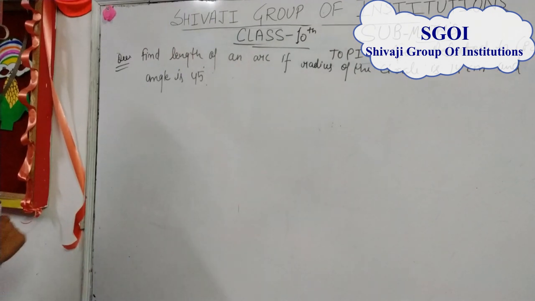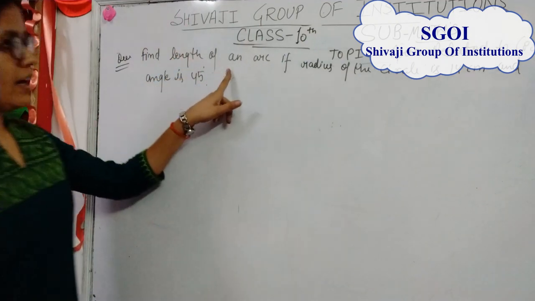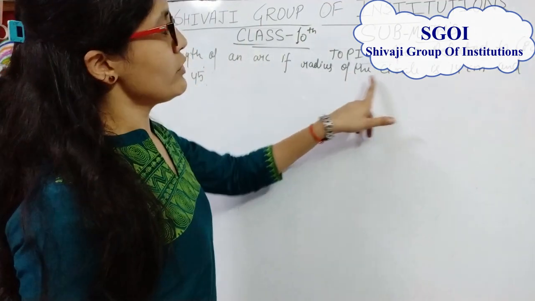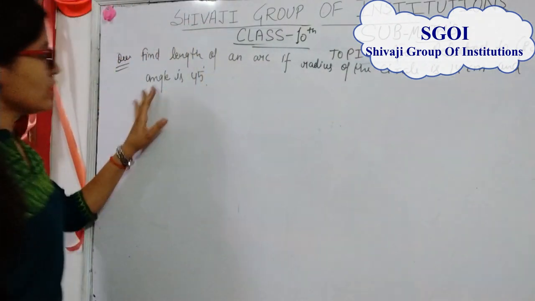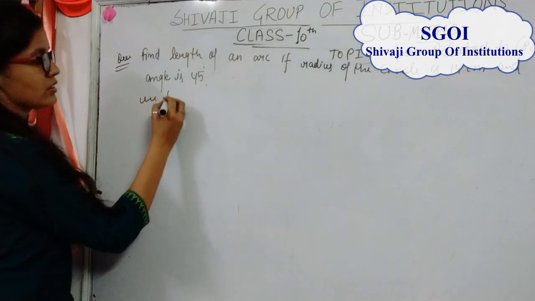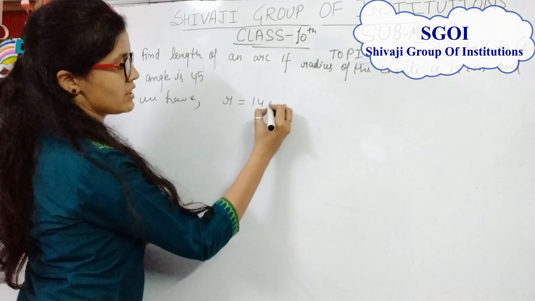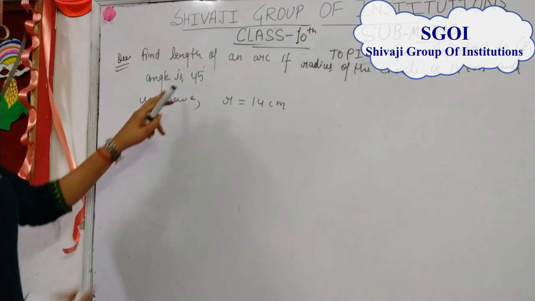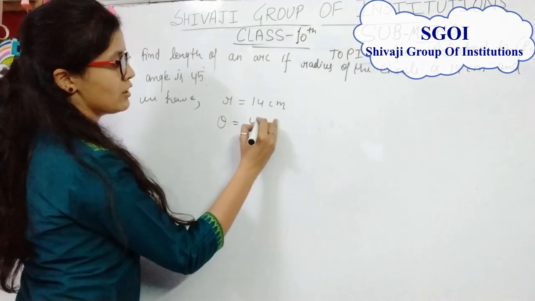Students, let's see one example. Find the length of an arc if the radius of the circle is 14 centimeters and the angle is 45 degrees. Now we have radius r as 14 centimeters and angle theta as 45.